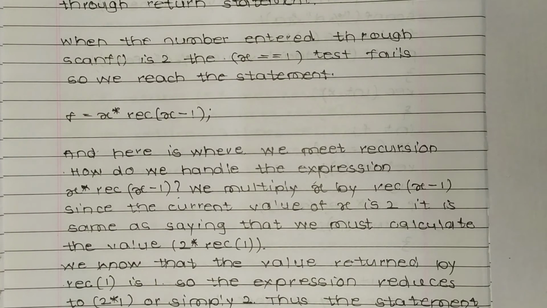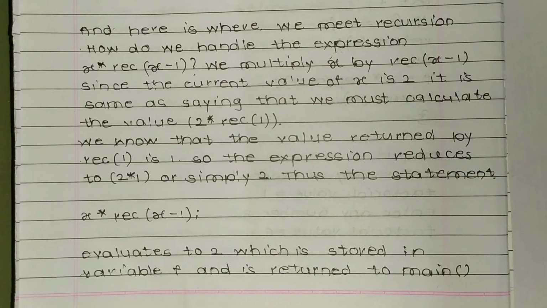How do we handle the expression x star rec x minus 1? We multiply x by rec x minus 1. Since the current value of x is 2, it is the same as saying that we must calculate the value 2 star rec 1.